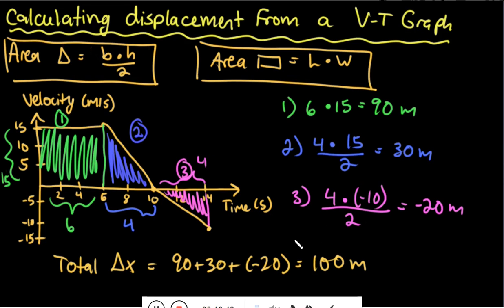That is the total displacement of this object. And that is how you find your displacement from a velocity time graph. Now remember, it has to be a velocity time graph. You don't want to use this on any other kind of graph because it's not going to give you the same information. It has to be velocity and it has to be time.